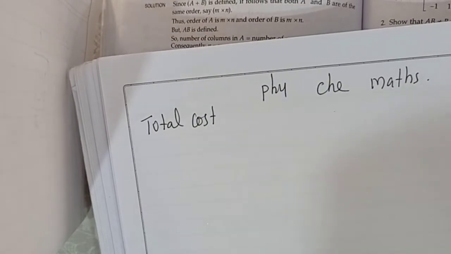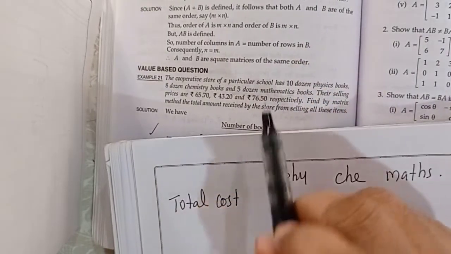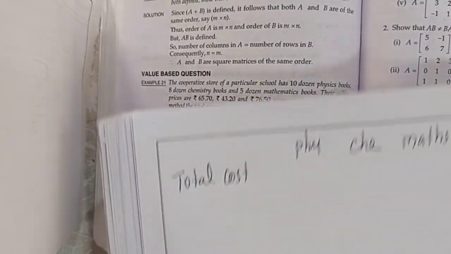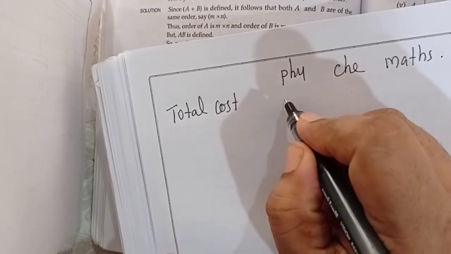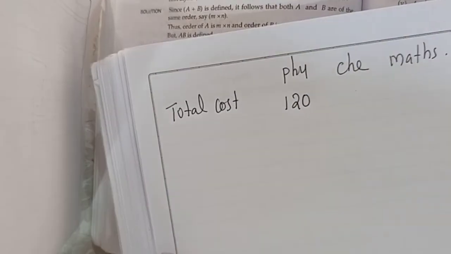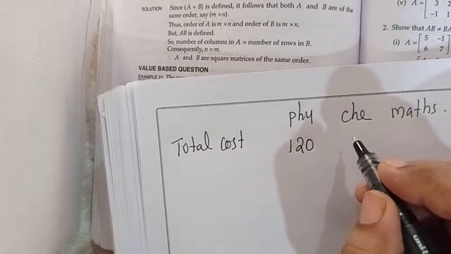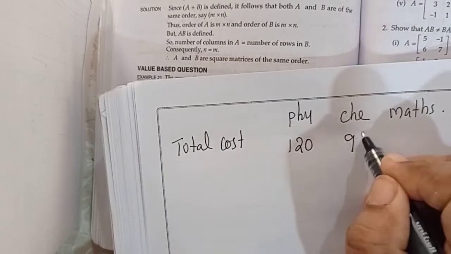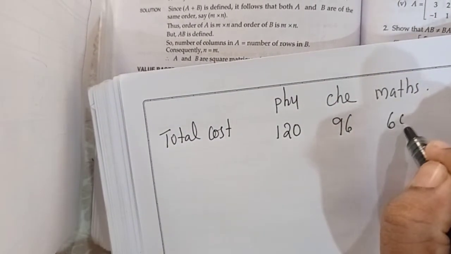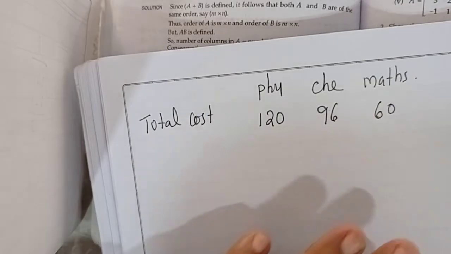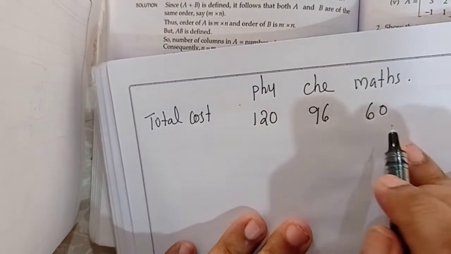Now, 10 dozen physics books. 1 dozen means how many? Yes, 12. Therefore, 10 dozen means the number of physics books is 120, and 8 dozen chemistry, 12 8s are 96, and 5 dozen, 12 5s are 60 maths books. Understand?